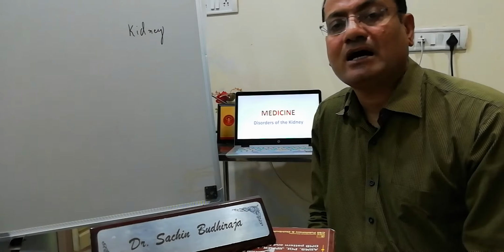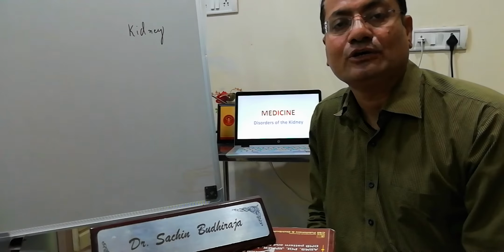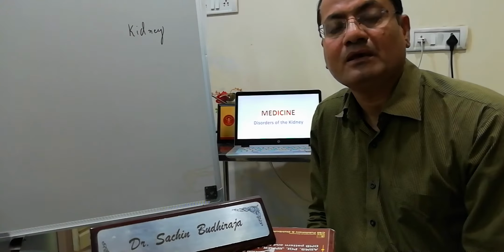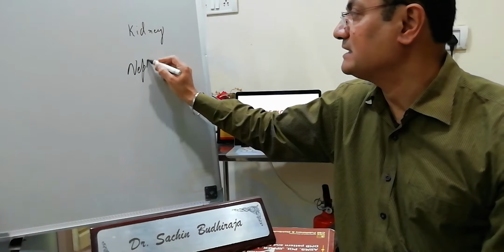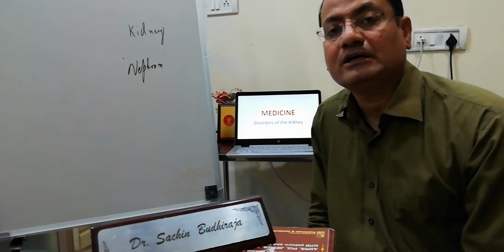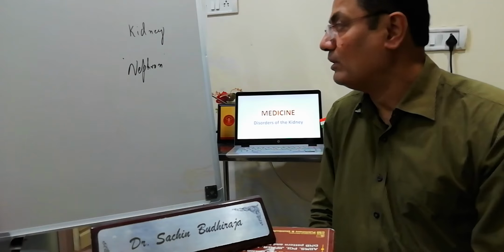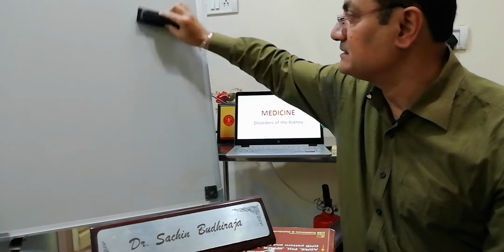For example, if I ask you what is the structural and functional unit of the human kidneys, yeah, you are right. A nephron is the basic structural and the functional unit in the human kidneys. And you all know that a nephron is made up of two parts, the glomerulus and the tubule, right?